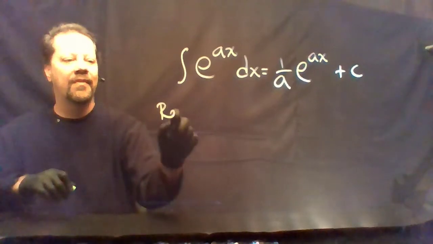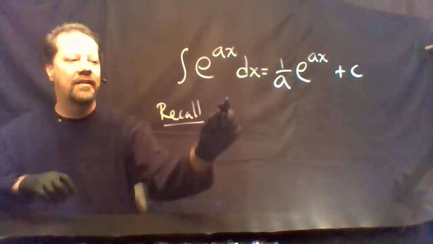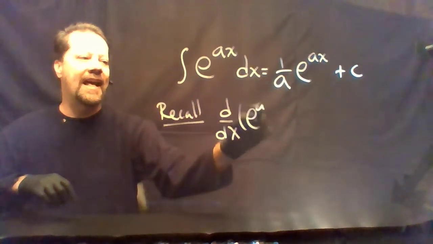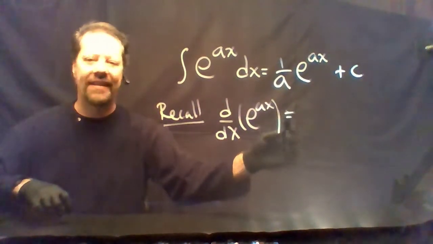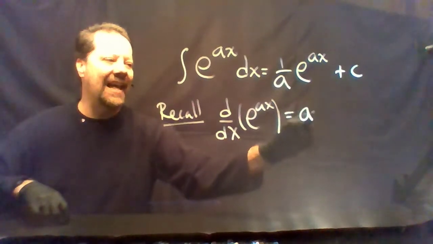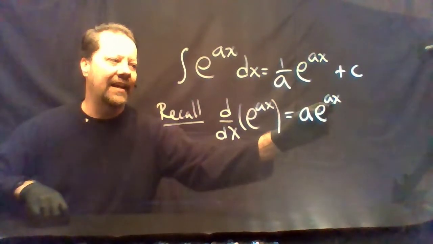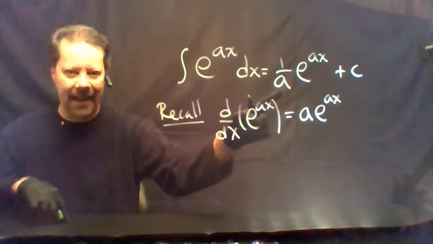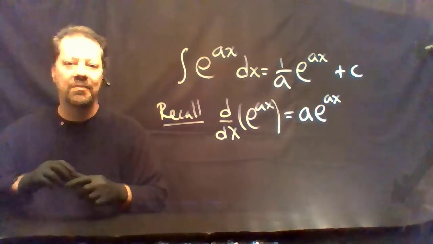Remember, if we take the derivative of e to the ax by the chain rule, we get a e to the ax. When we integrate, we get 1 over a e to the ax plus c.